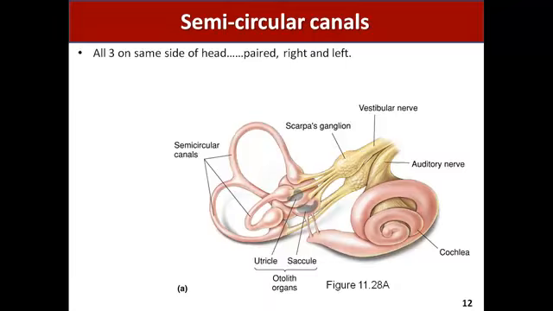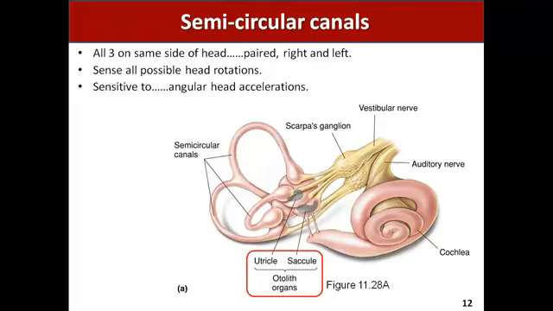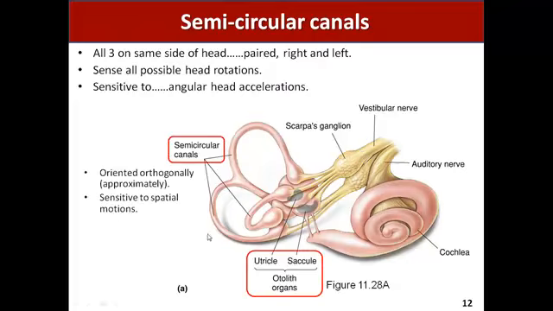Moving on to the semicircular canals, of course, the semicircular canals are paired on the right and left side. We see 3 semicircular canals, each on the right and left side, and these canals will sense head rotations in space. And when we talk about head rotations in space, that's because these 3 arched structures are arranged at approximately a 90-degree angle to each other, making them sensitive to spatial motions that are rotational in nature.